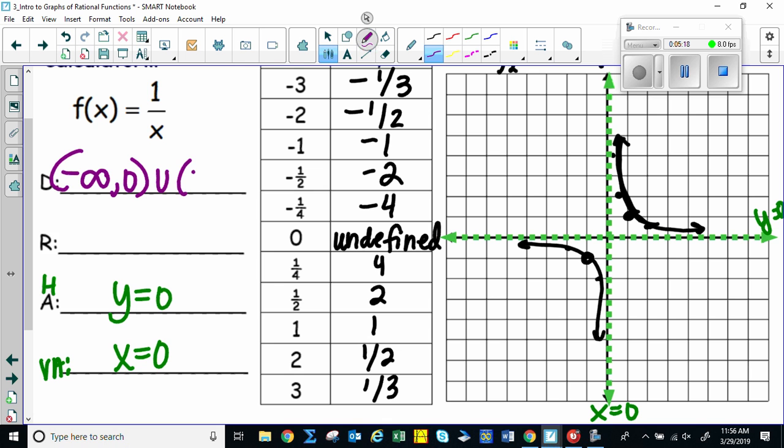And I'm also going from 0 to positive infinity, where 0 is not included. So the vertical asymptote is where I'm breaking my domain. And then my horizontal asymptote will be where I break the range. So same, this is going to look just the same.